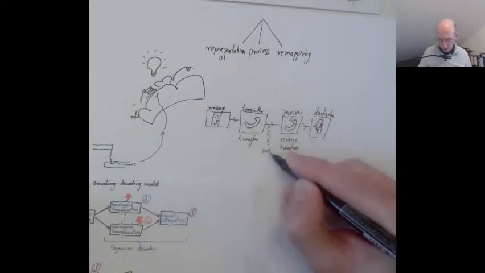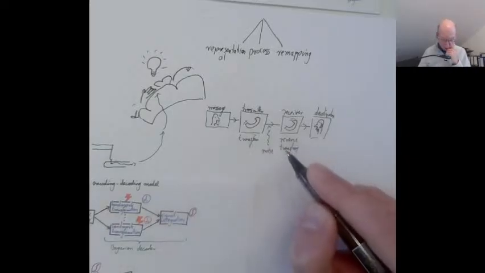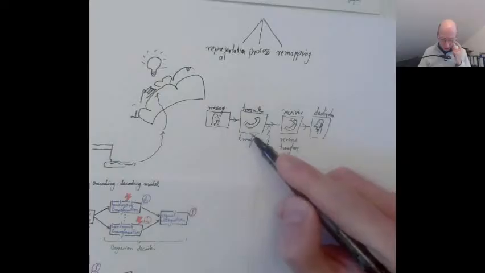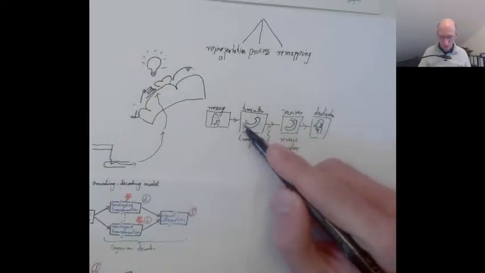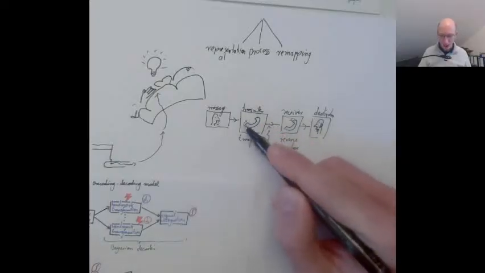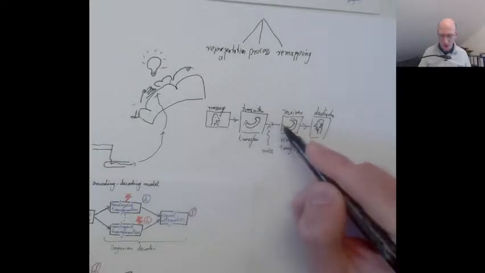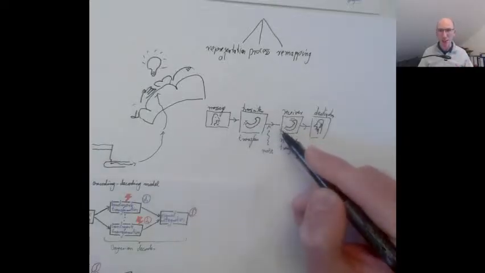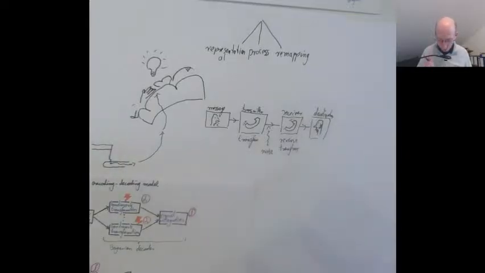And then you have noise. Essentially, whatever leaves this transmitter here on its way to the receiver gets distorted. Good. That was the original.